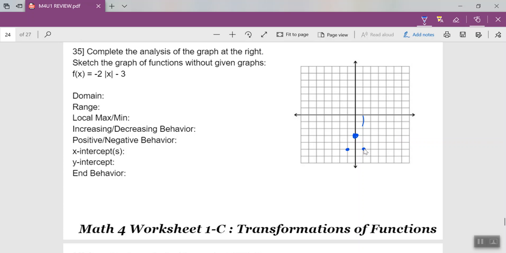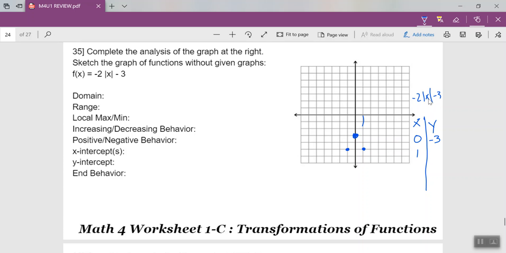Now, if you need to do this with it, and just plug in, so that when x is 0, negative 2 times 0 is 0, minus 3 gives me negative 3. Well, that's that guy. I'm going to go 1 this way.